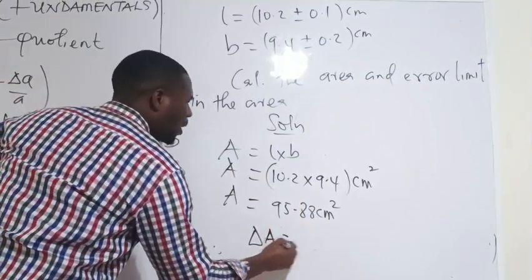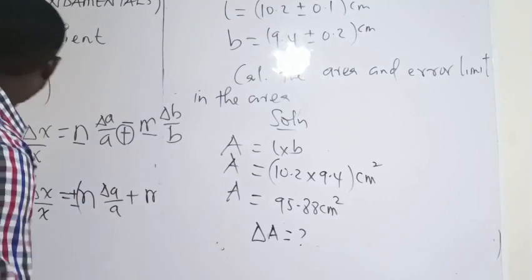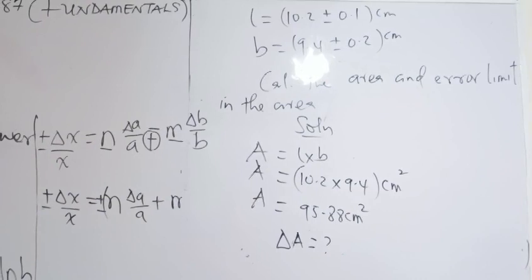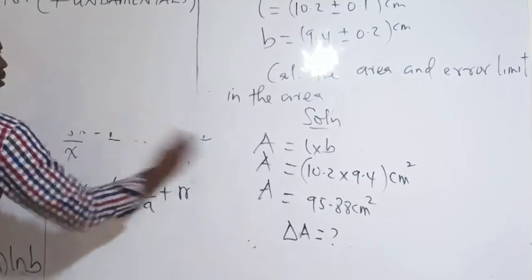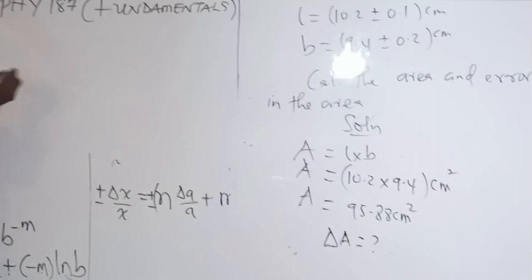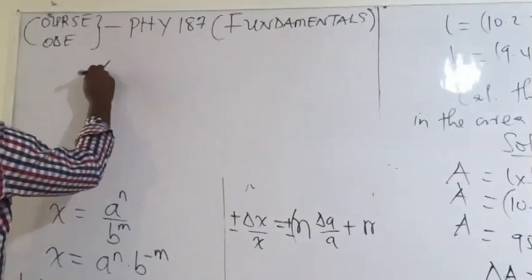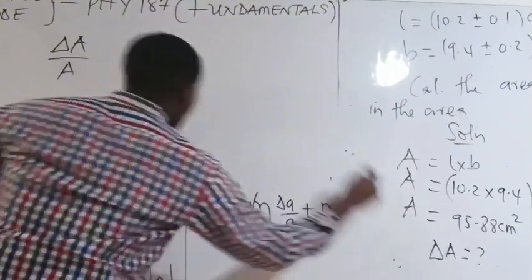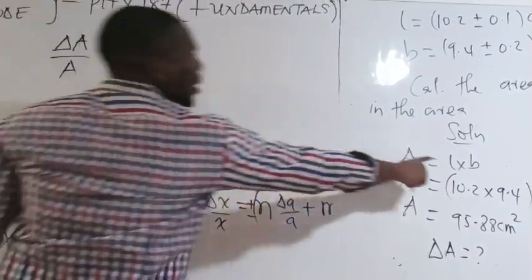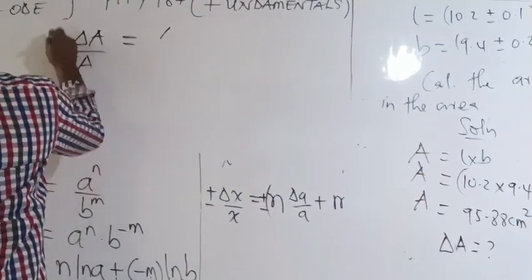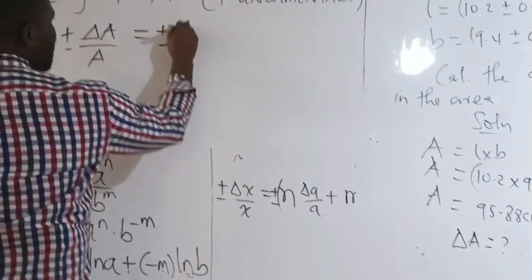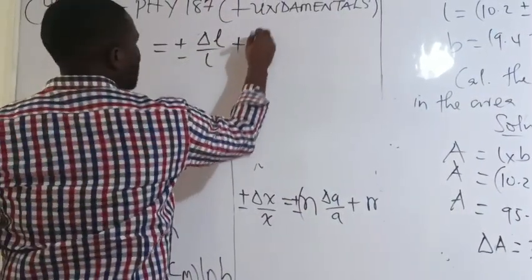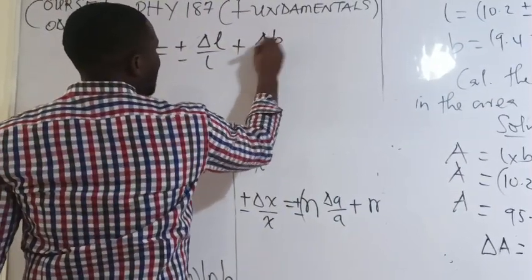And of course I don't really know this, but from the formula we derived so far, that's for error in products, we have the fractional error or the relative error in the area, which is plus or minus the relative error in the length plus the relative error in the breadth.